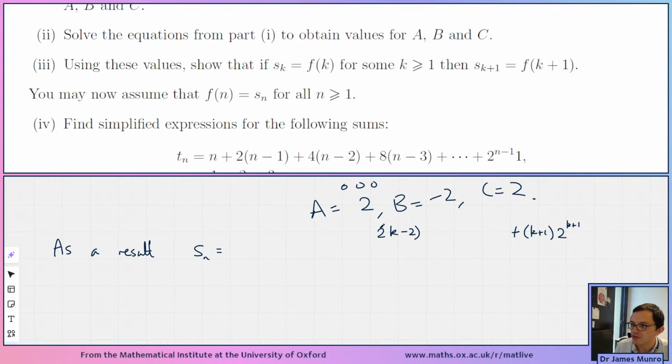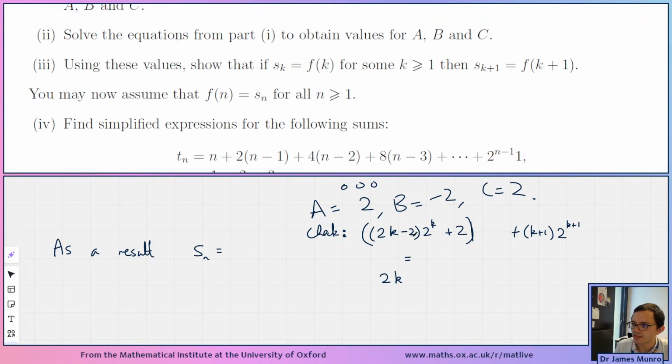2k minus 2 to the k. We're asked to check, a bit like we did a check earlier on, plus 2, plus extra term for S_(k+1) is equal to what we hope it's equal to. Oh my goodness, I forgot minus 2 in there.